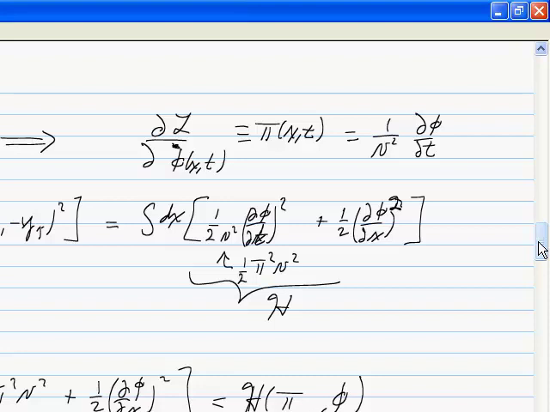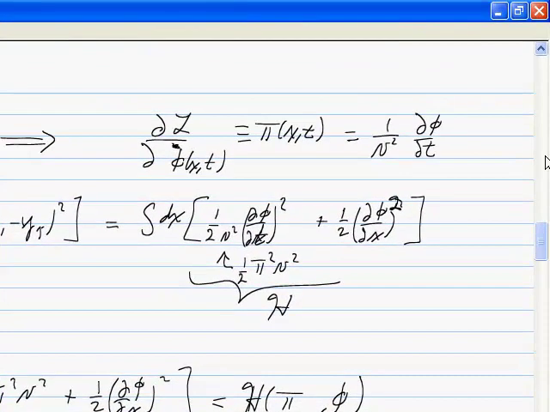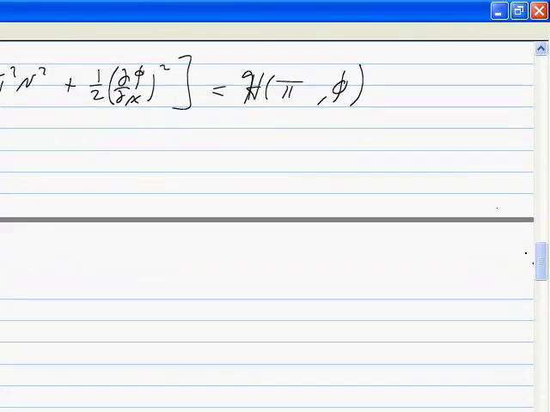I'm going to postpone that stuff till we do Noether's theorem, and we can do a more general case of this for any field theory. But right now, that's what the answer is. Questions about it?